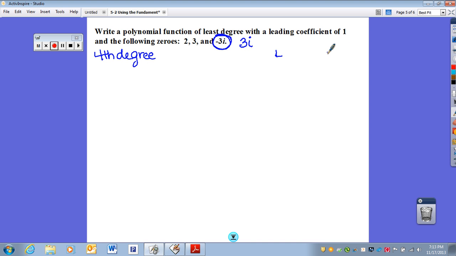So we're going to take a look at finding our polynomial function. So let's take a look at these first 2 zeros or solutions.